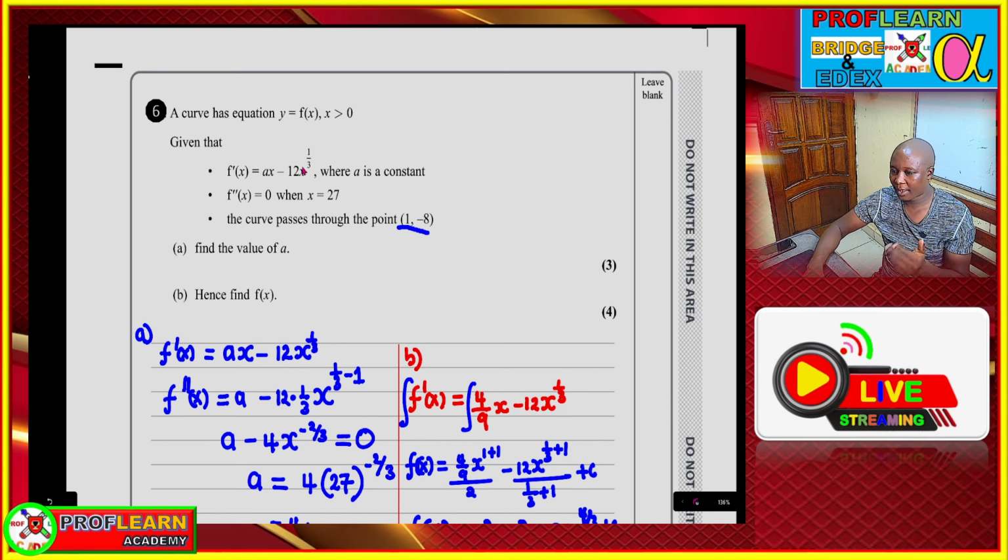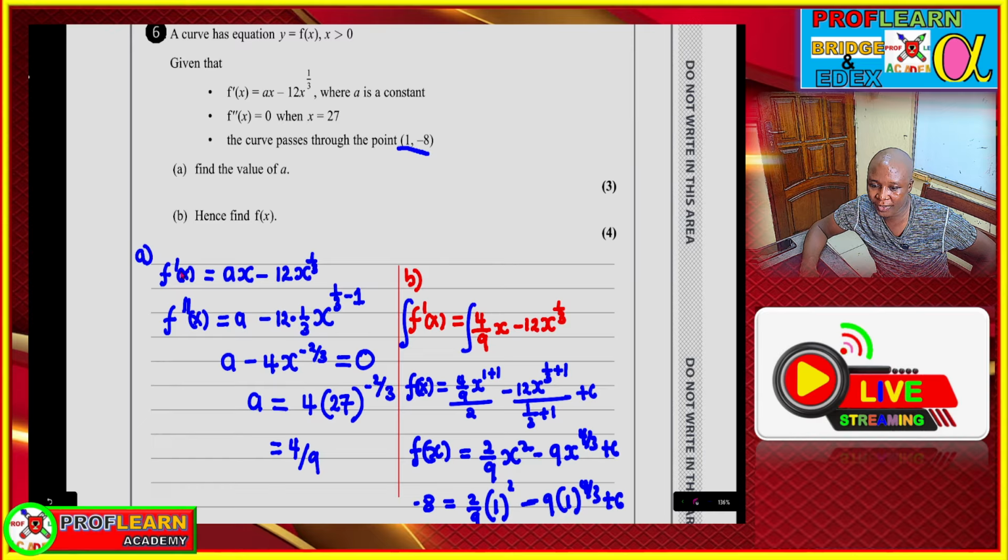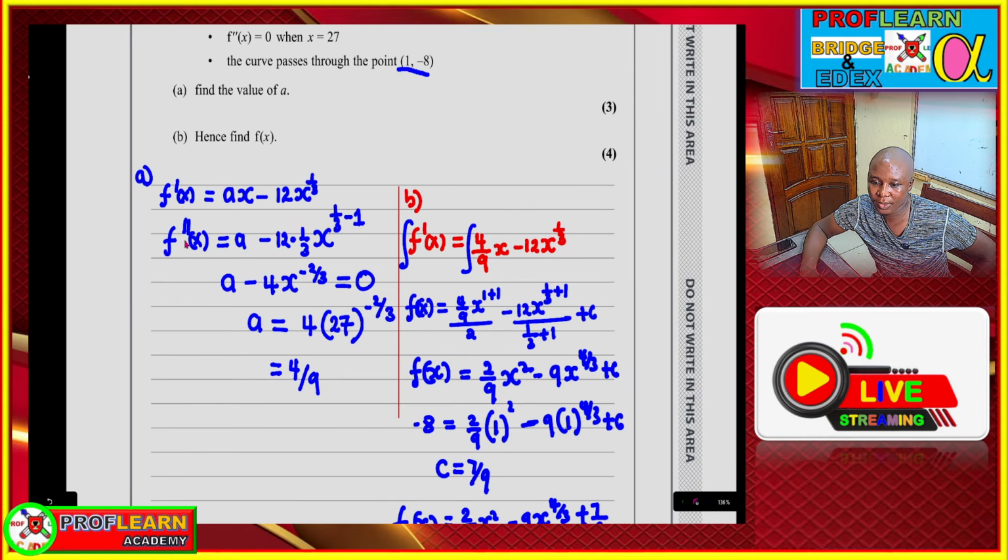So basically here, candidates were supposed to differentiate, because they were told f double prime, or the second order derivative of this, is 27. So this candidate was supposed to differentiate this again to get f double prime. And if you differentiate ax, you will get a.